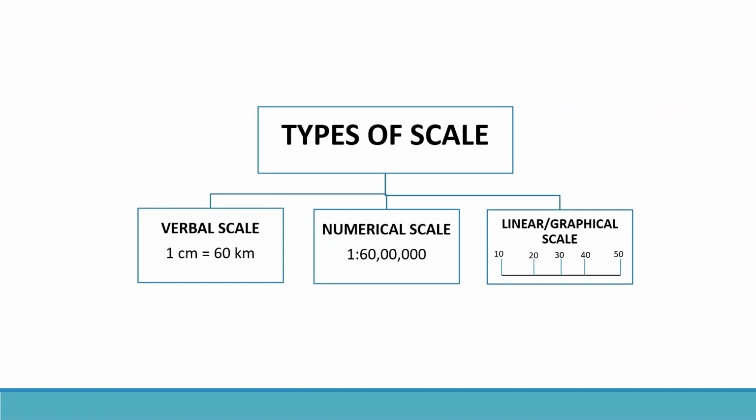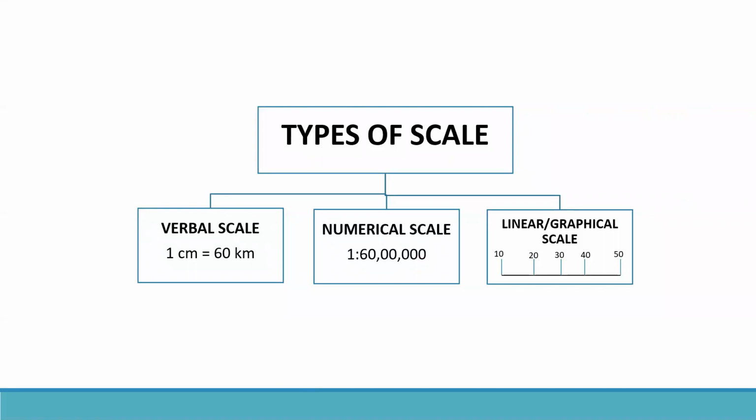That is the ground distance. So again, to draw a map true to scale, it is essential to know the ground distances. These distances are measured during surveying. While preparing a map, based on the distances, a suitable ratio is selected.